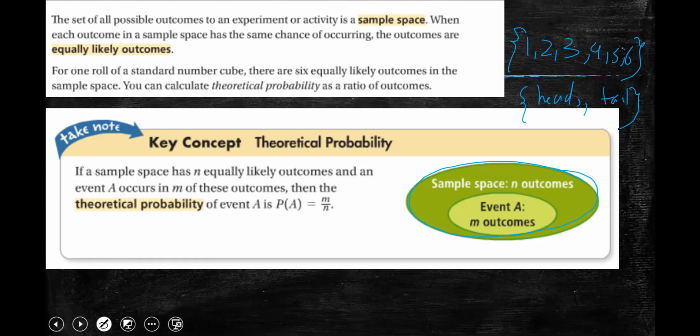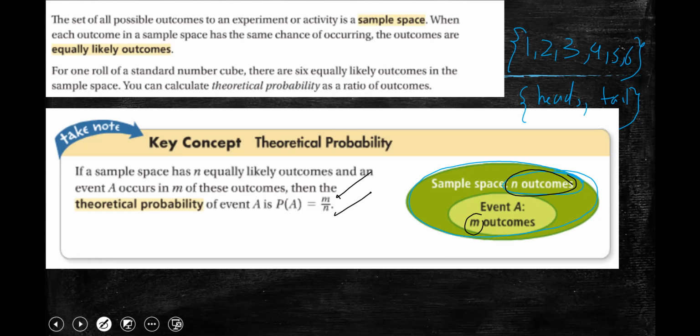If a sample space has n equally likely outcomes and an event A occurs in m of these outcomes, so if the sample space has n outcomes, and the event A has m outcomes, then the theoretical probability of event A is the number of outcomes for event A, let's name it m, over the number of outcomes for the sample space, the set of all possible outcomes, we name it n.